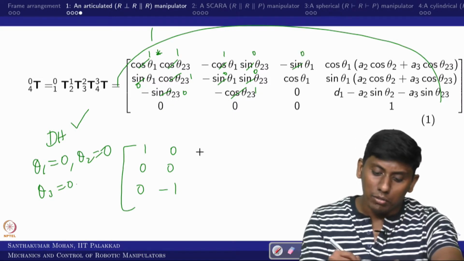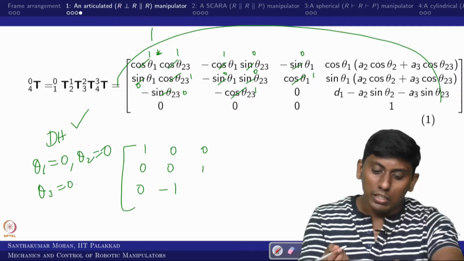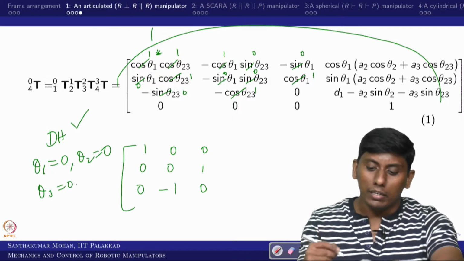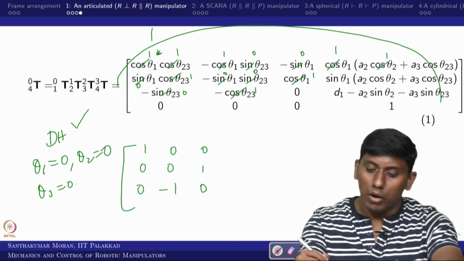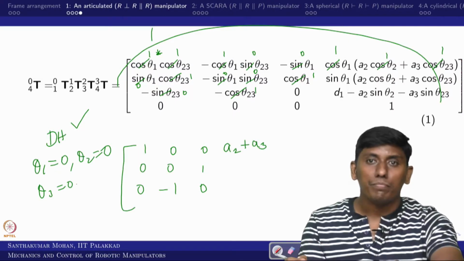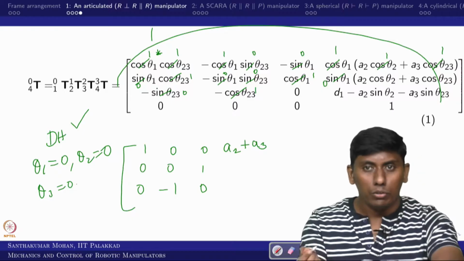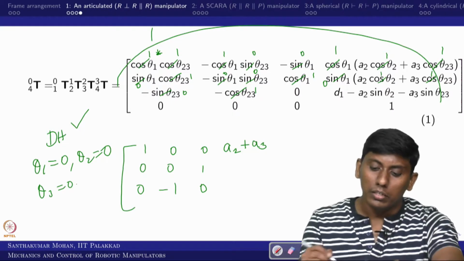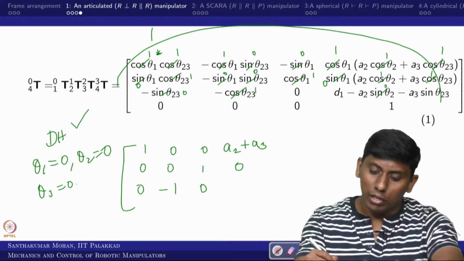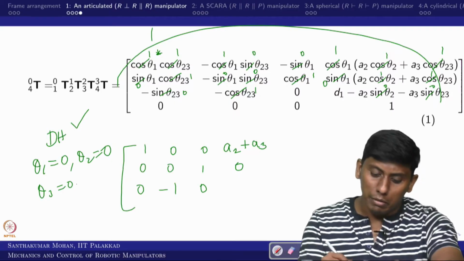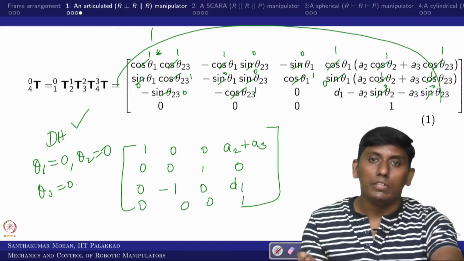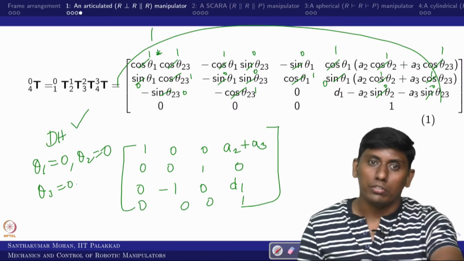Here you can see 0 and this is 1 because theta 1 is 0, so cos 0 is 1 and this is 0. Coming back here, this becomes 1, this also becomes 1. What is left? a2 plus a3 is left. 0 multiplied with anything is 0, and finally this is 0 and this is also 0. What is left? d1. So what you obtained is the one you saw as the home position, and you have cross checked it.